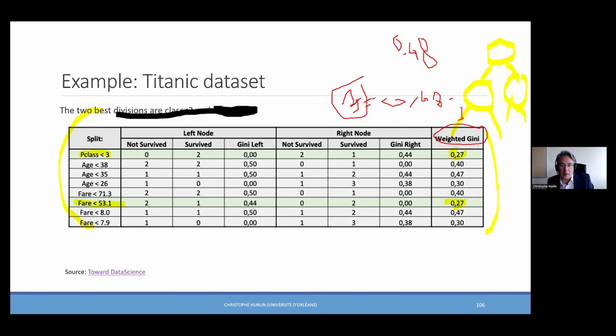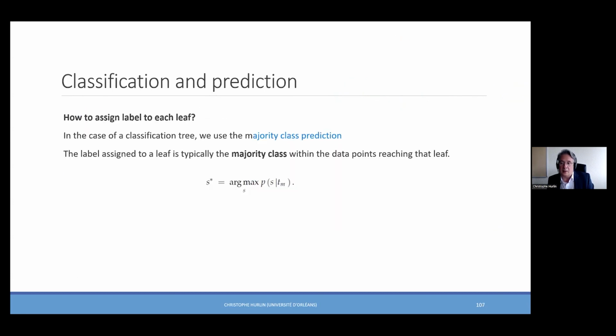Okay. So at the end, we have a given decision tree. For instance, let us imagine that we have a decision tree like this. And at the end, let us imagine that we stop here.